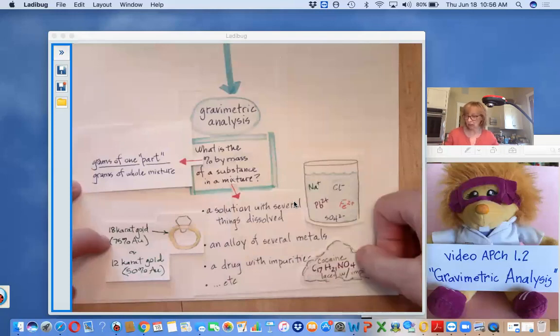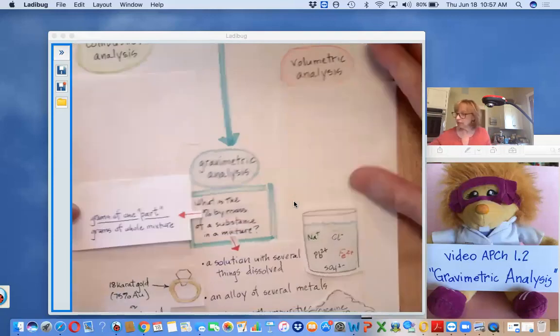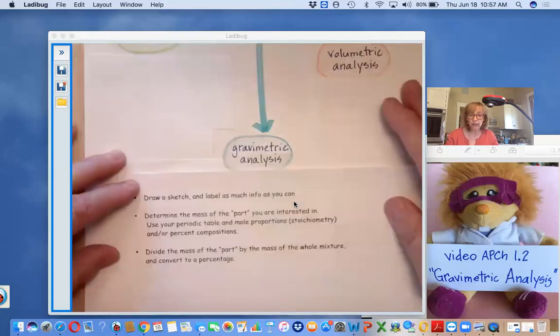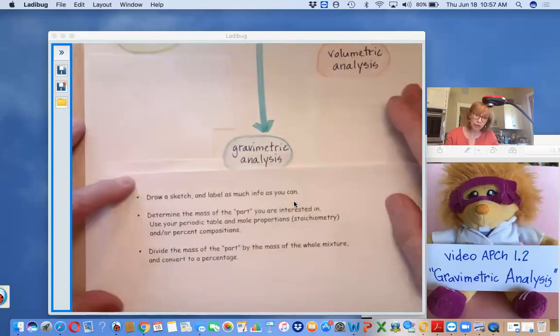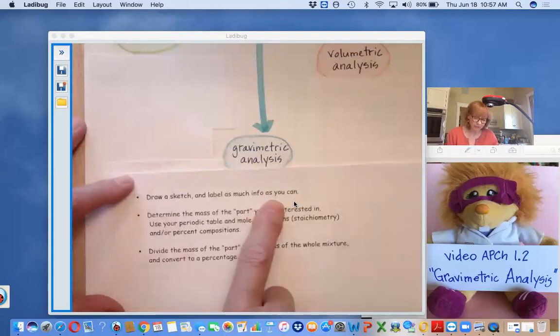Now, no matter what type of gravimetric analysis problem we approach, I'm going to suggest that you follow these 3 steps. After you read the problem, I'd like you to draw a sketch and label as much information as you can.